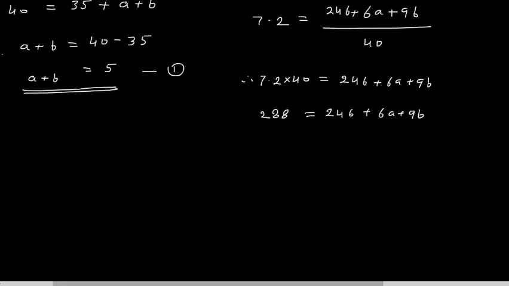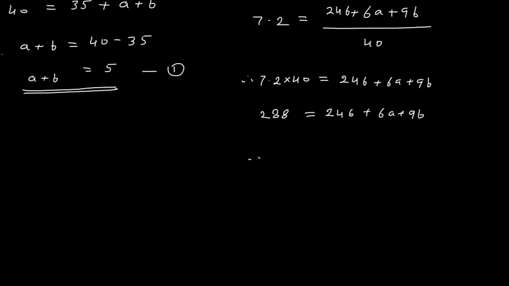Therefore here we can say that 6a plus 9b is equal to 288 minus 246. So 8 minus 6 is 2, 8 minus 4 is 4, 2 minus 2 is 0. Now I will take 3 common.